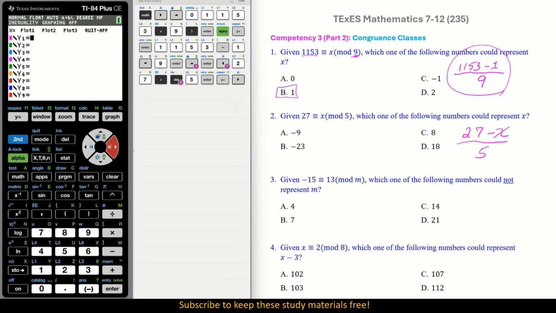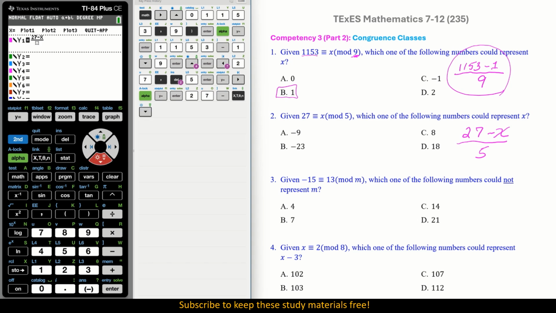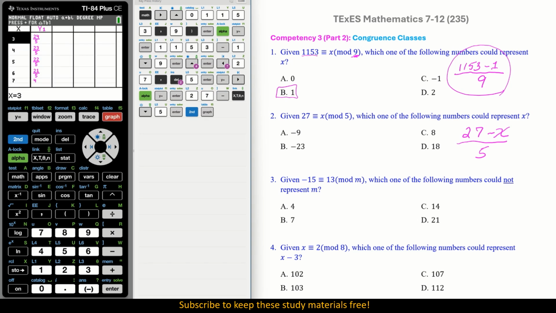I'm going to go to our y1, y equals our y1, then I'm going to set up our fraction, alpha y equals number 1. And we need 27 minus our x, arrow down, put in your 5. Now we have it entered. So let's go second graph.